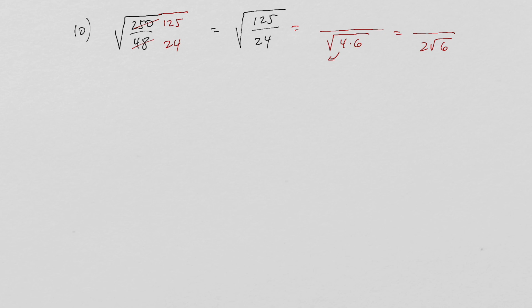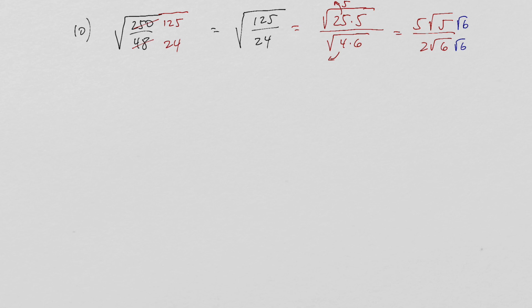That's the bottom. On the top, I'm going to make this 25 times 5. And we'll take out the 25 by square rooting and get 5. So I'll have 5 root 5. And finally, I'm going to rationalize the bottom by multiplying top and bottom by root 6.